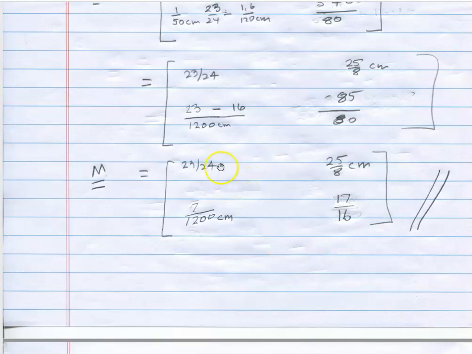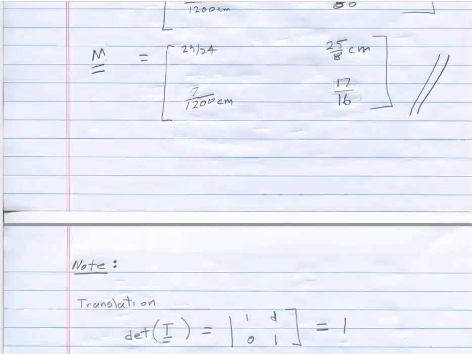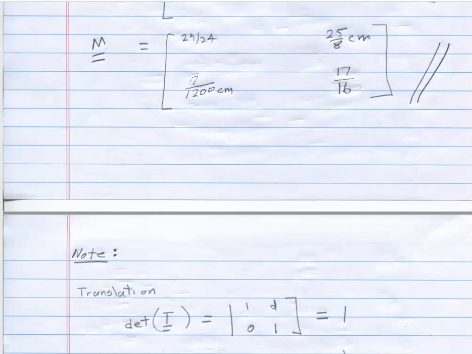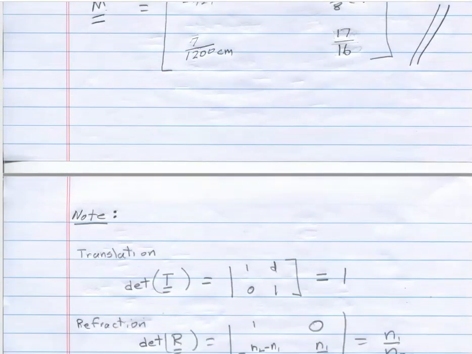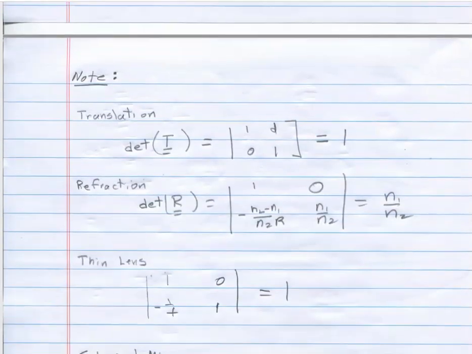It doesn't mean that just because it is, I'm guaranteed that I didn't make a mistake. I could have had 2 mistakes that cancel each other out in this determinant. But the nice thing about it is if you look at this, the determinant of it, this one times this one minus this one times this one, is dimensionless. So the determinant of the transfer matrix is always dimensionless. That's another good check as well.